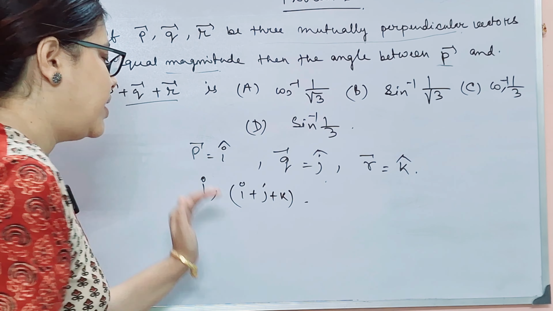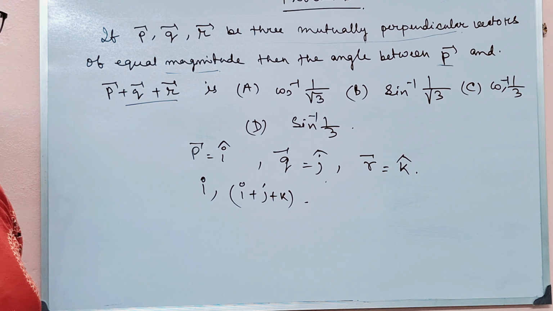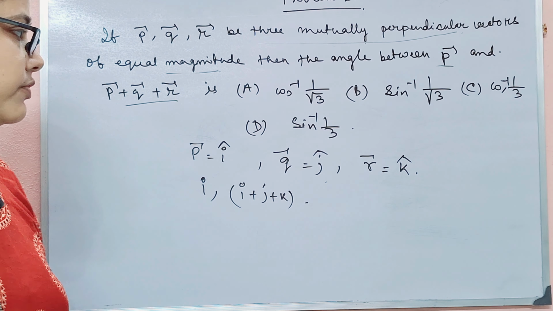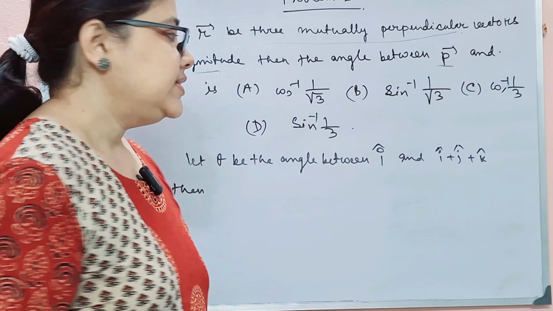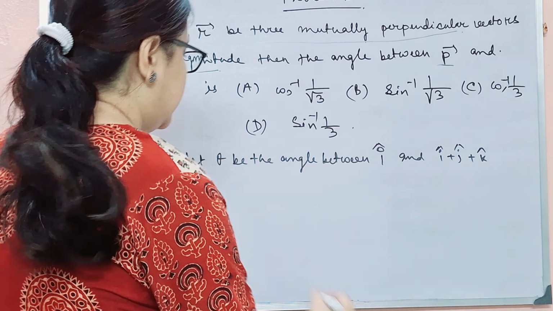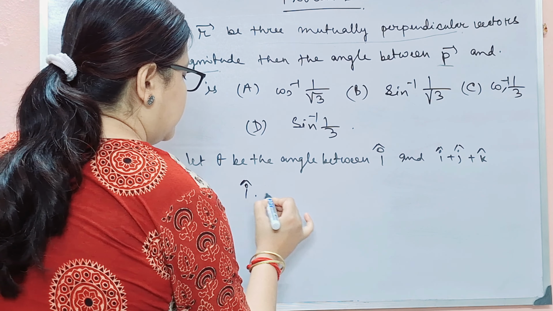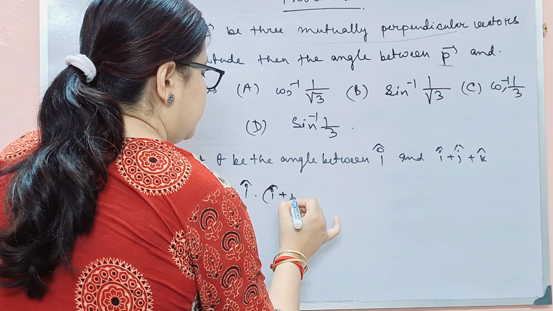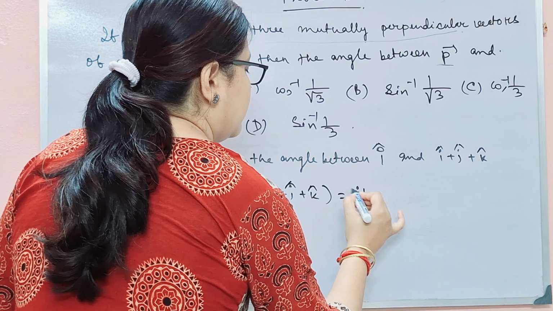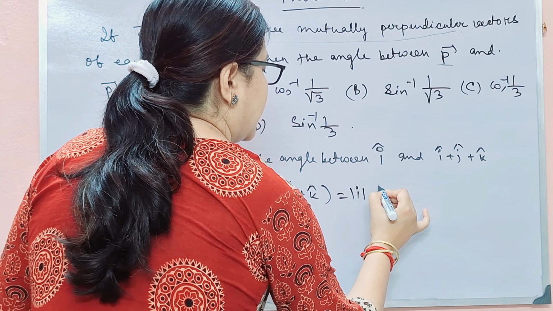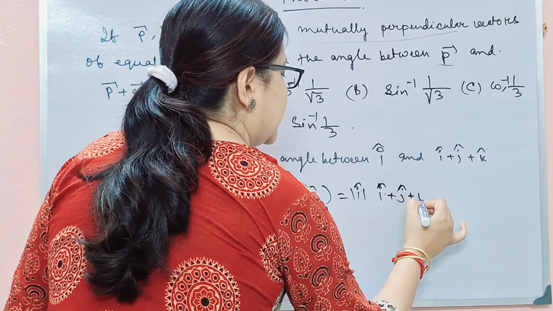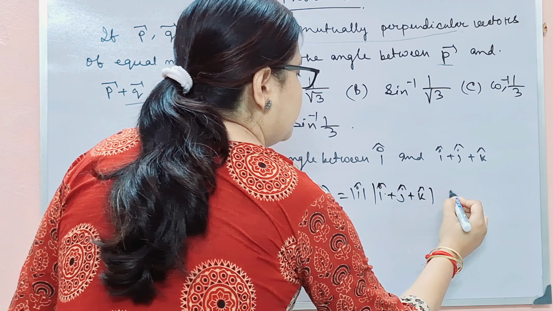And to find the angle between these two vectors, we will have to find the scalar product or dot product of these two vectors. So let theta be the angle between i and i plus j plus k. Then i dot (i plus j plus k) equals mod of i into mod of (i plus j plus k) into cos theta.